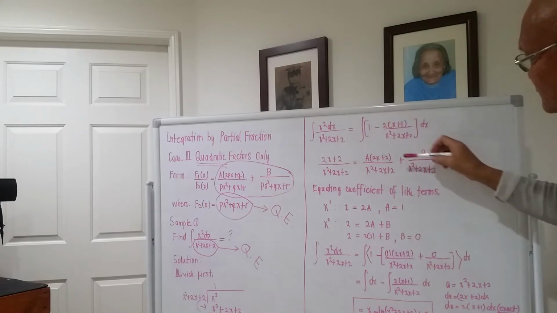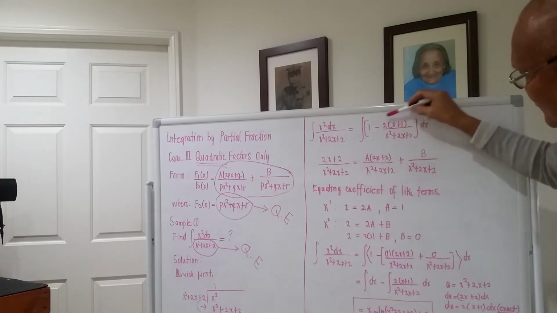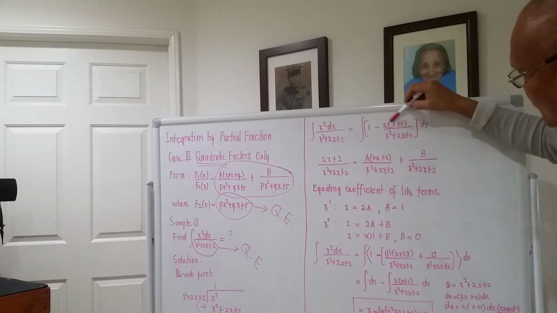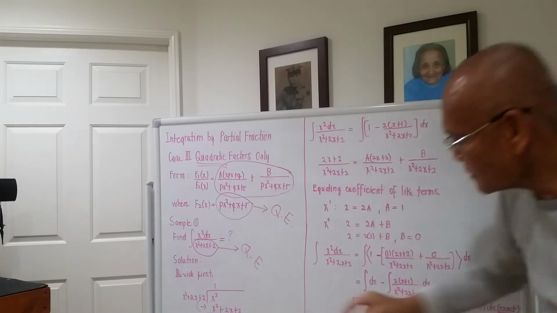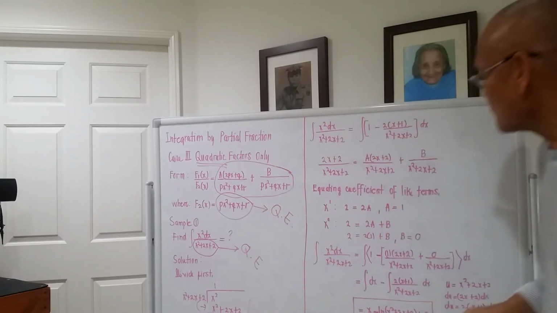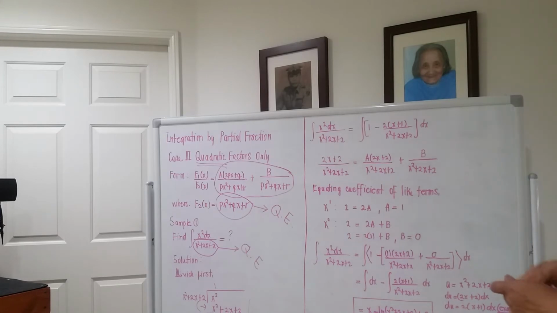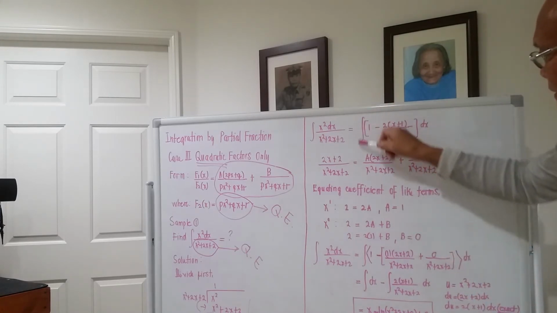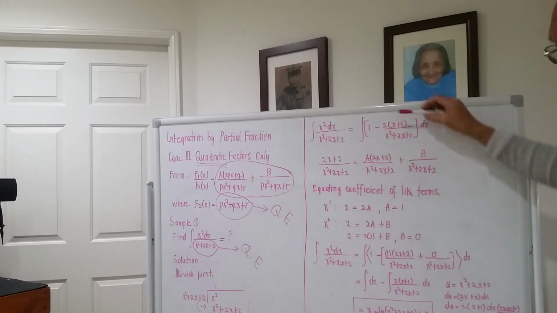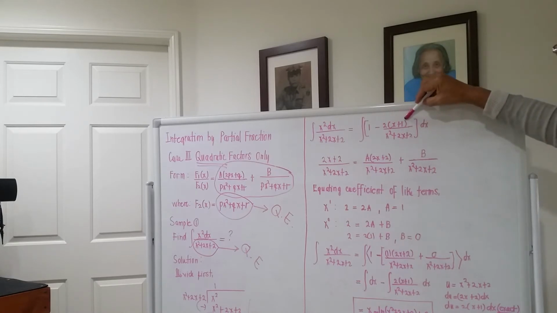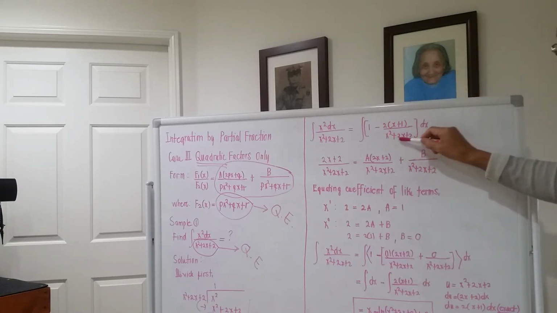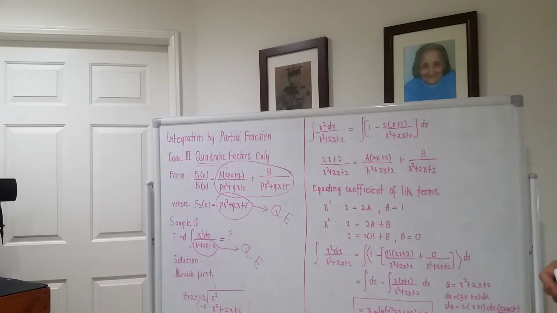Because if we expand this one, this will be minus 2x minus 2, and it is this. I just factor out. So the given problem is equal to the integral of open bracket 1 minus 2 times quantity x plus 1 all over x squared plus 2x plus 2 times dx.